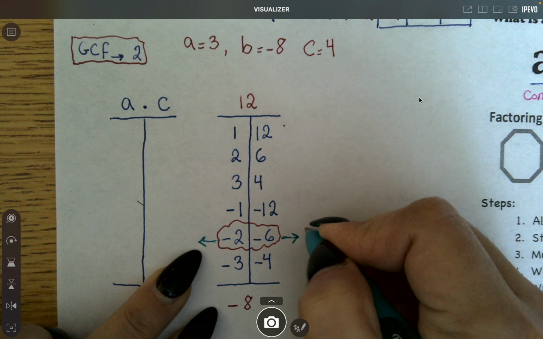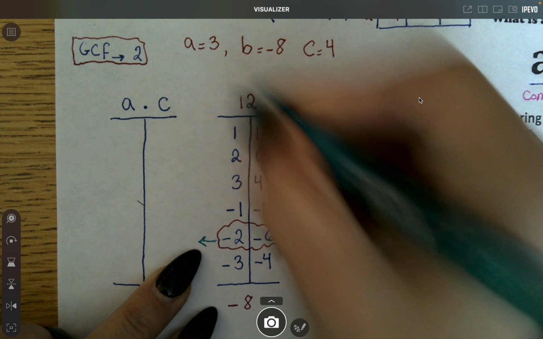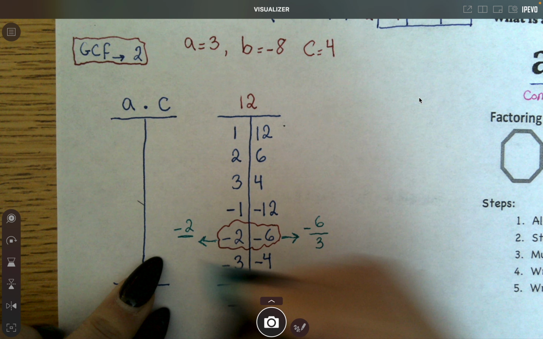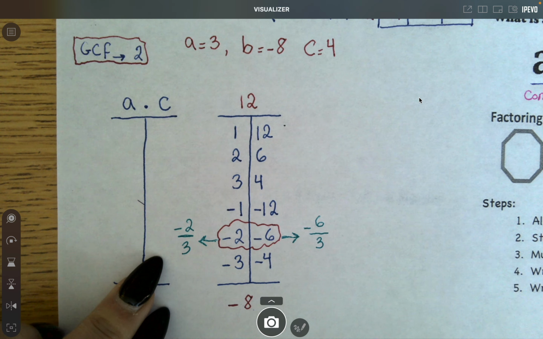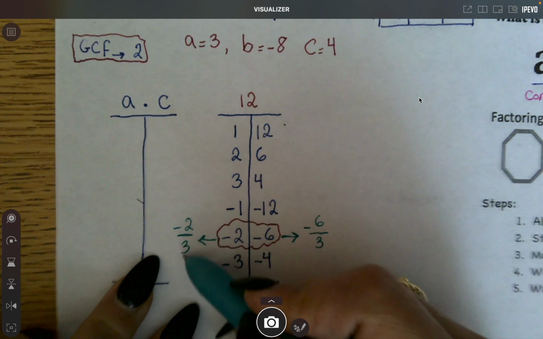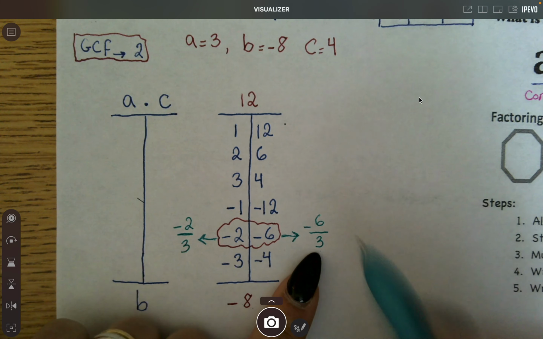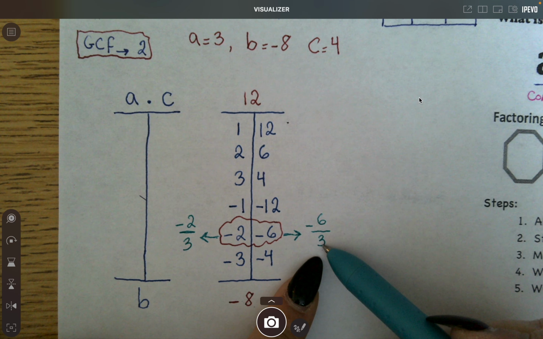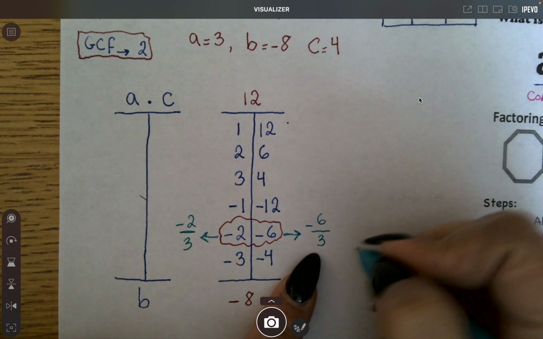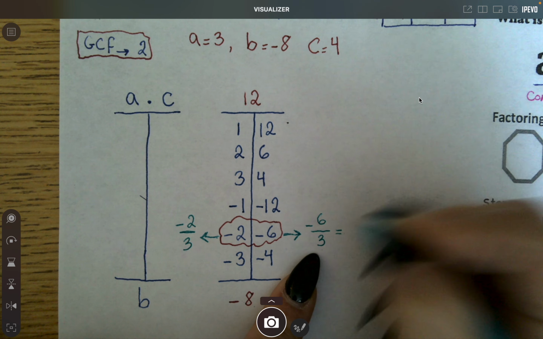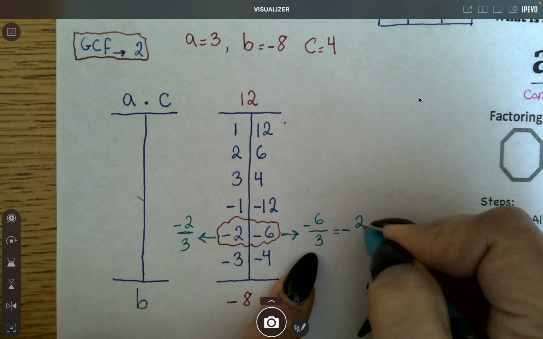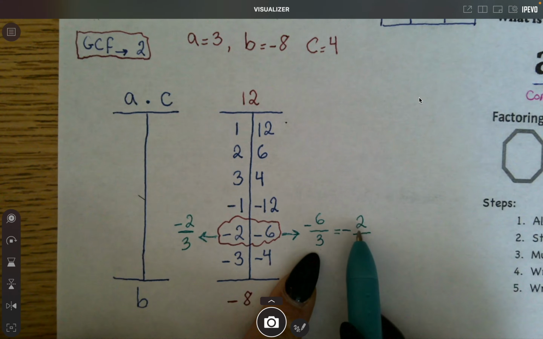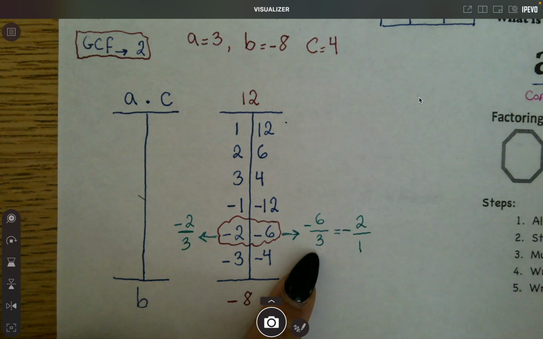So -6 divided by 3, and -2 divided by 3. So we got -6/3 and -2/3. But it says we have to simplify it. We can't leave anything not simplified here. So -6/3, we can divide both by 3, and we would get -2/1. We always have to have it in fraction. Don't put -2. It should be always a fraction.